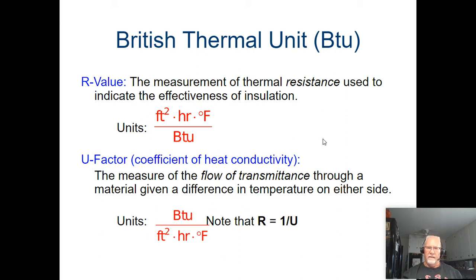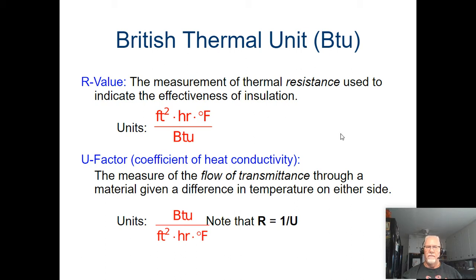The other side of that, the inverse of that, if you will, a reciprocal, is the U factor. The U factor is the coefficient of heat conductivity. So how conductive is the material that you're using for insulation? It measures the flow or the transmittance through a material given a difference in temperature on either side.